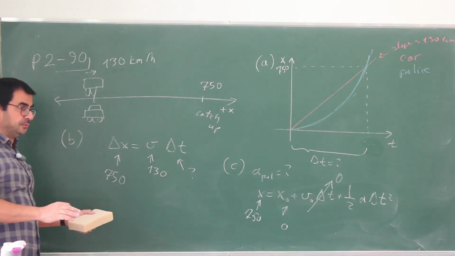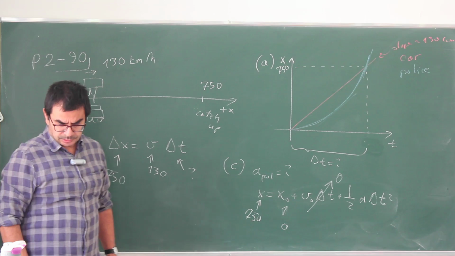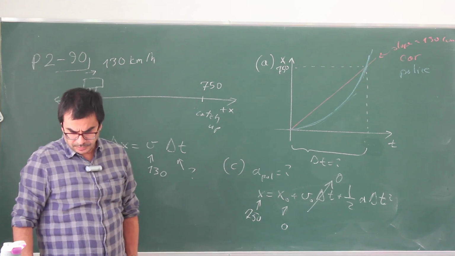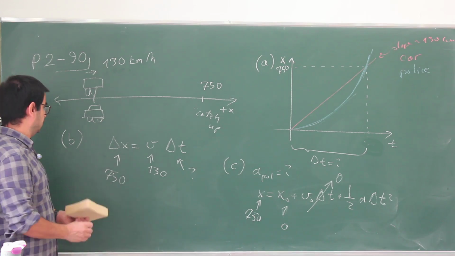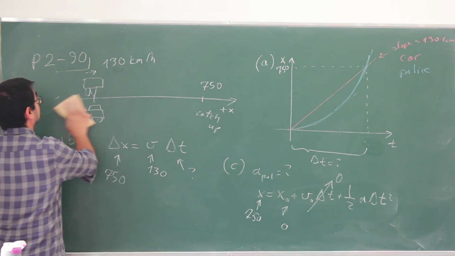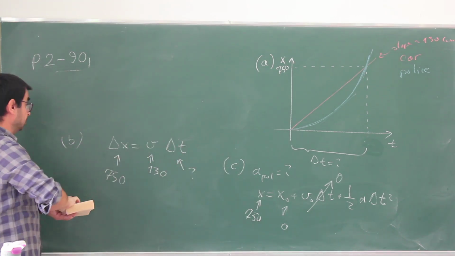There's a little pitfall, and I think that what makes this problem interesting is that pitfall. Hopefully you've seen it, and you're not going to fall into it. Part D: the speed of the police car at the overtaking point. Now we can actually use the formula that we should not have used for the previous part.